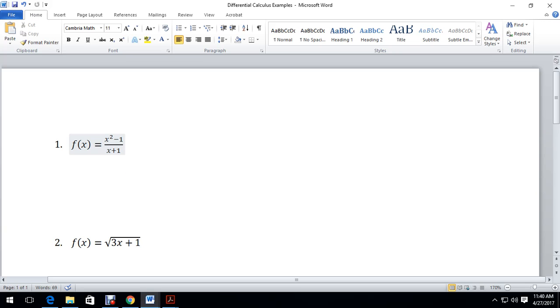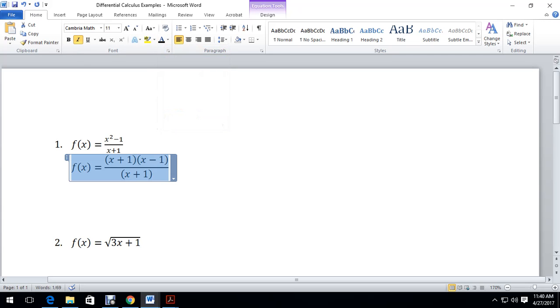But take note of the form of the numerator. The numerator has the form x squared minus 1, which is a difference between two squares. And if you recall from your algebra, the difference of two squares can be factored into two binomials. One would be x minus 1, and the other one would be x plus 1.